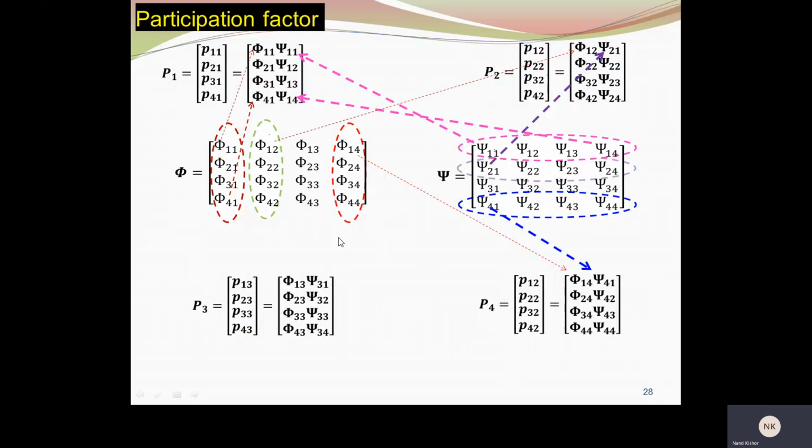When you have to obtain P3, you take the third column and the third row, so it will be this one here. And when you have to obtain P4, it will be the last column and the last row from the matrix here, and that completes the participation factor matrix.